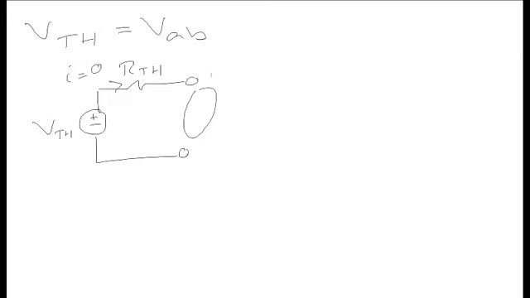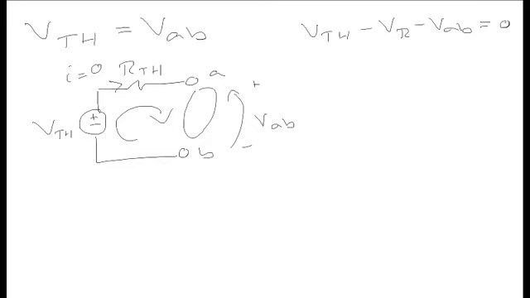If this is A and B, then I have a voltage, and I can use KVL going this way to see what we end up with. I have VTH minus VR minus VAB is 0. Now VR, we know, is I times R Thevenin. But this is 0. Therefore I have VTH equals VAB.